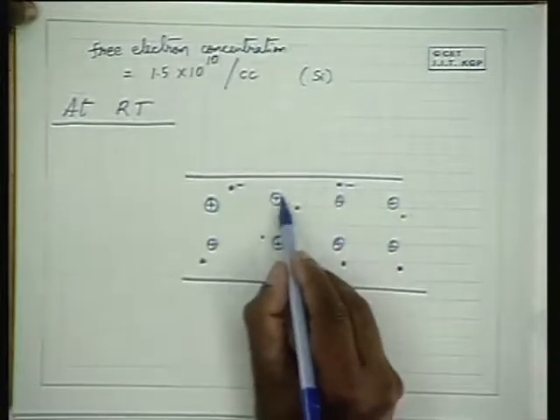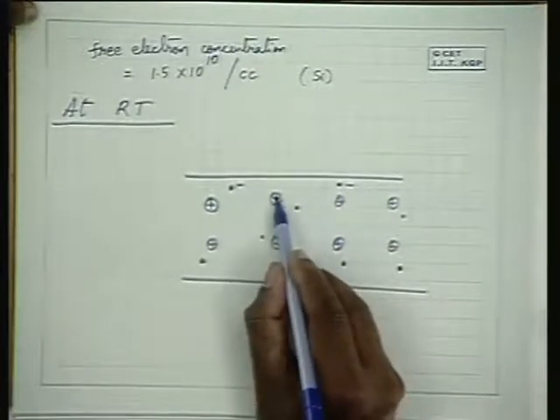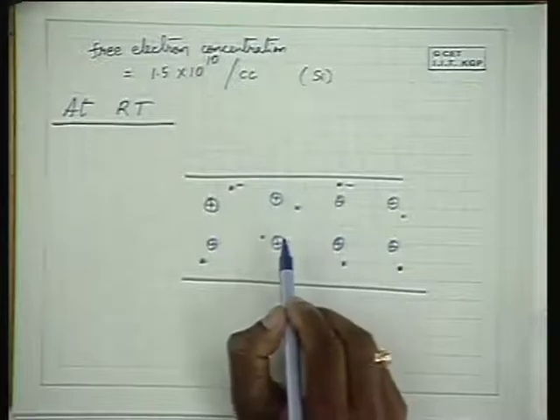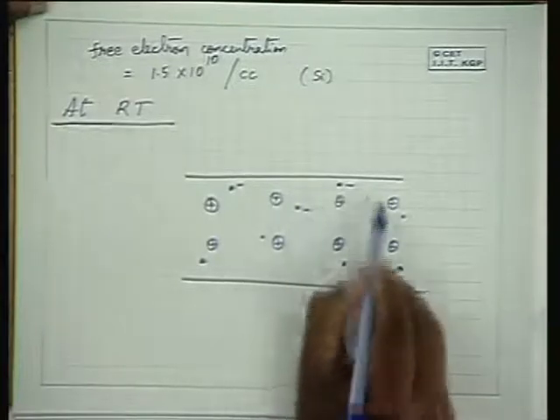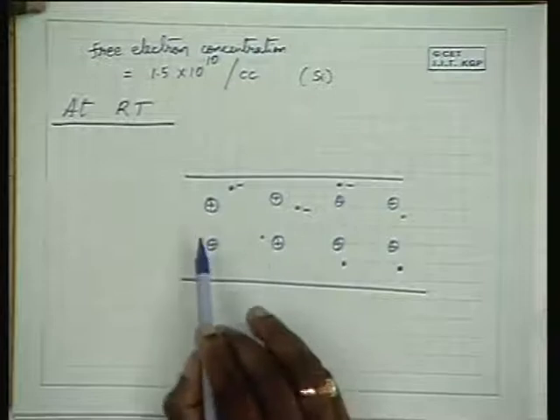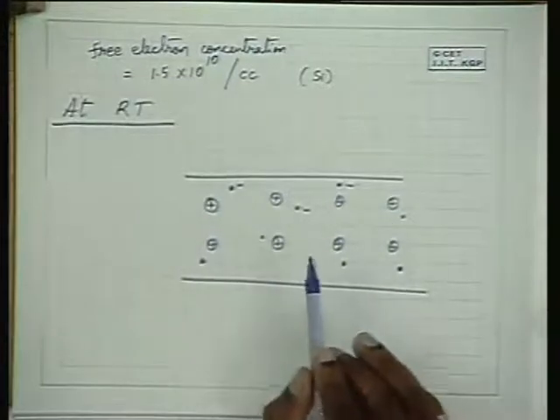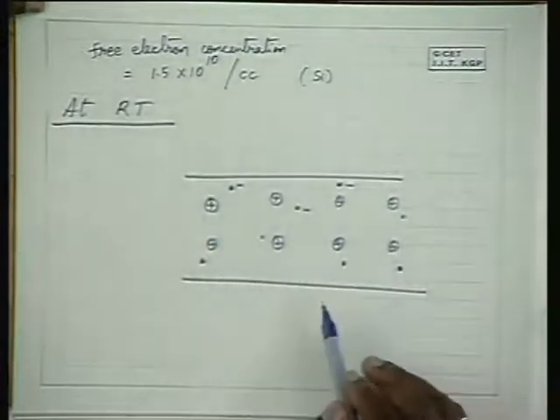Similarly, other atoms also have a net positive charge and a free electron associated with it. And these electrons are randomly distributed within the body of the material.